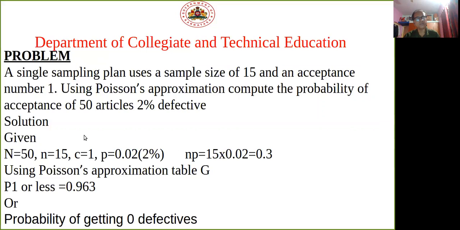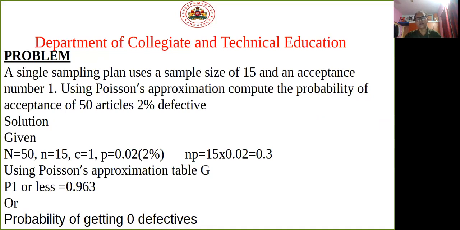Now, using the Poisson approximation G table, for getting 1 defective or less, we go to the statistical tables.